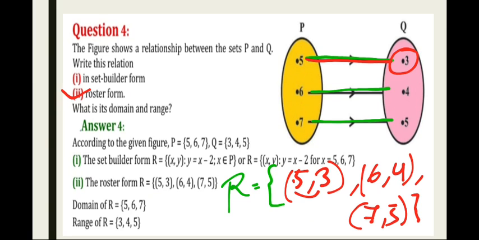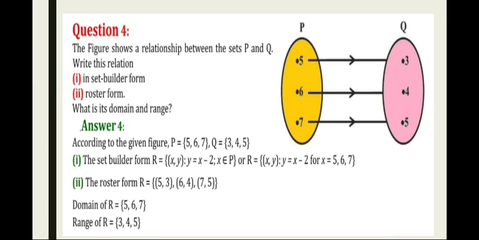Now, you have to write the relation in set builder form. Look at the ordered pairs. What is the similarity in the ordered pairs? Here the difference between the first and second element is 2. Here also the difference is 2. Here also the difference is 2. That means you can write the second element y as the first element minus 2. 3 is equal to 5 minus 2, 4 is equal to 6 minus 2, 5 is equal to 7 minus 2.